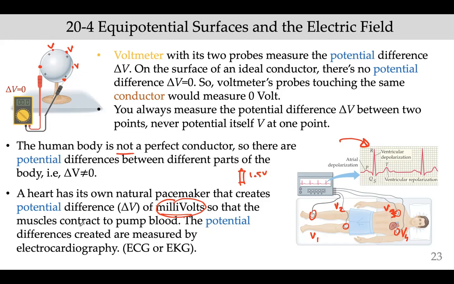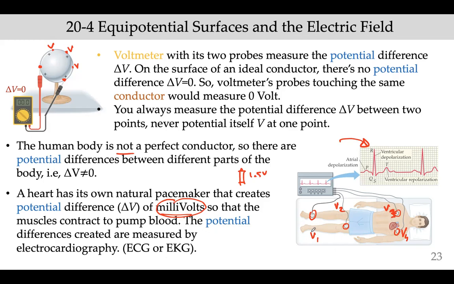The muscles contract to pump blood, and that activity creates potential differences. The potential differences created by the heart are measured by electrocardiography, called ECG or EKG.